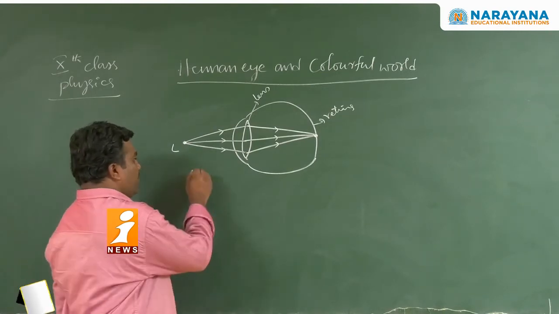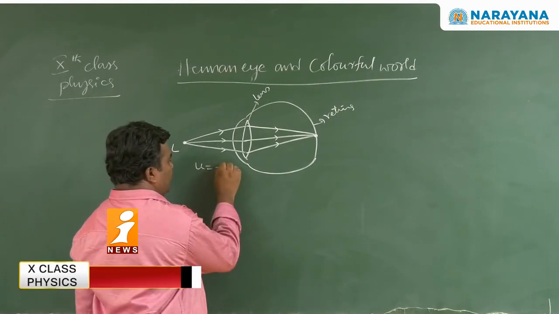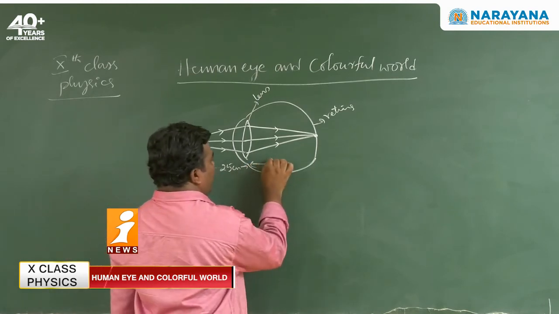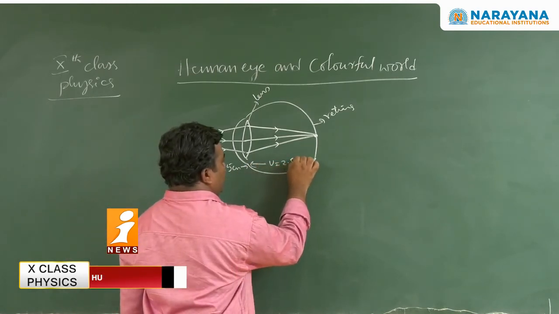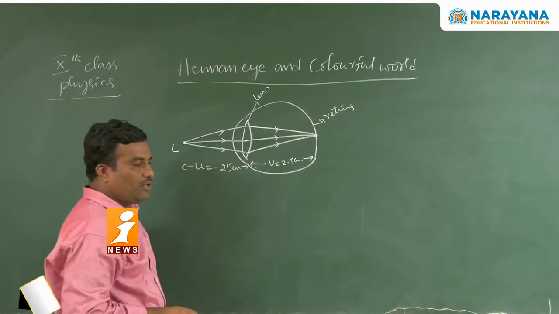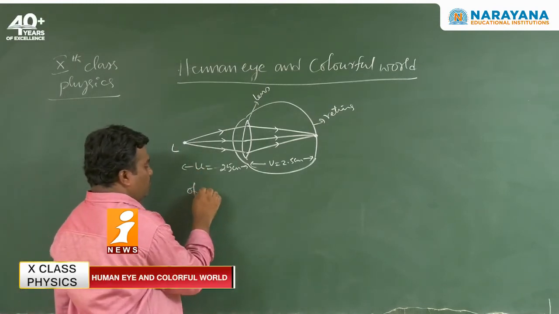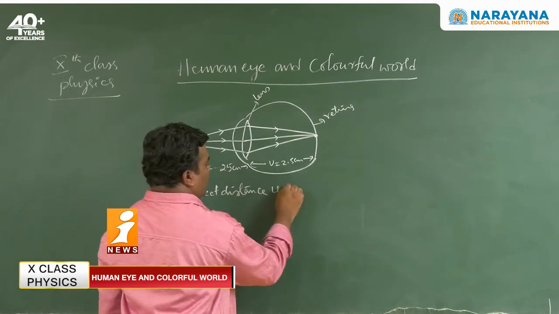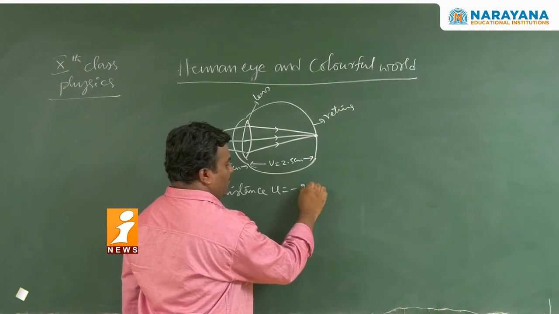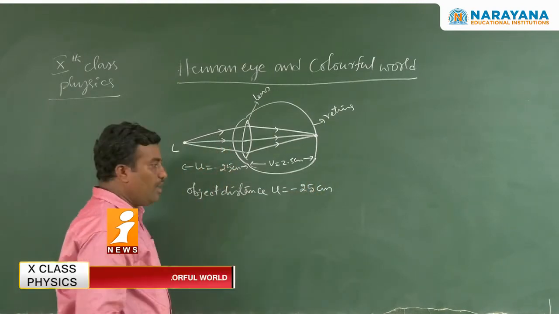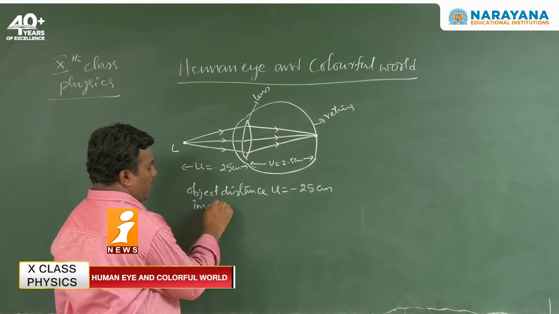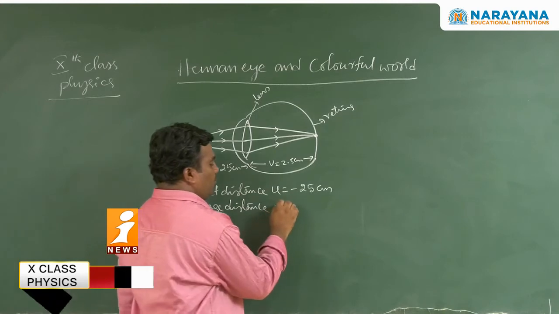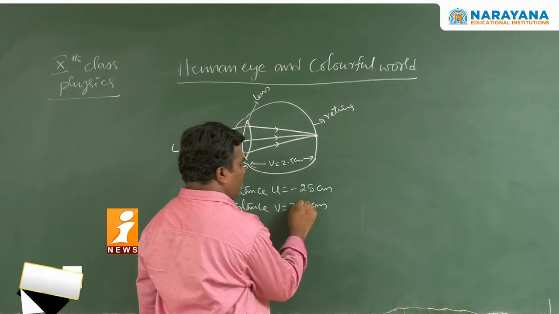Okay. Now here u is equal to 25 centimeter. Here the image distance is fixed, 2.5 centimeter. So writing here, object distance u equal to minus 25 centimeter and image distance v is equal to 2.5 centimeter.